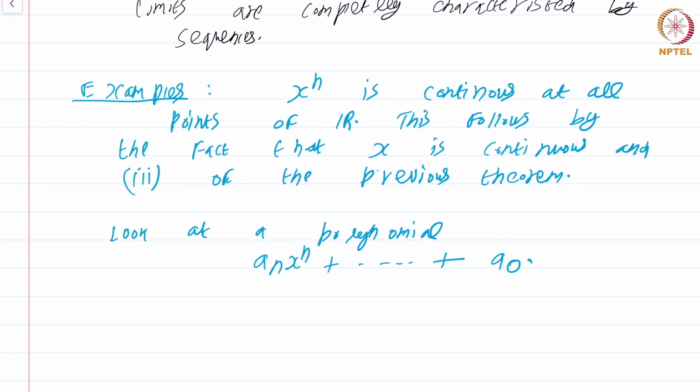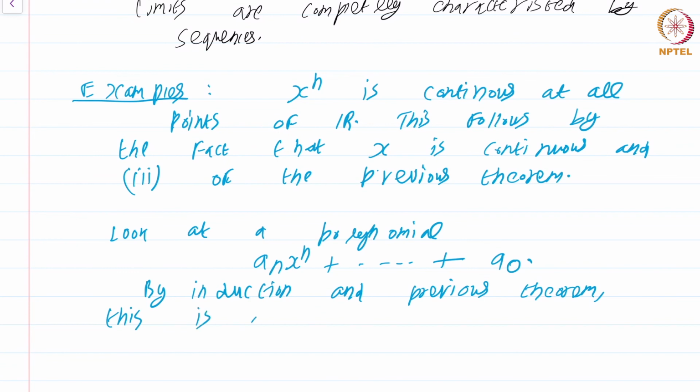Now again, by induction and the previous theorem, this is easy to see. Right? So we immediately got a good collection of examples of continuous functions just by applying the previous theorem. This is a course on real analysis, and you have just watched the module on limit laws.